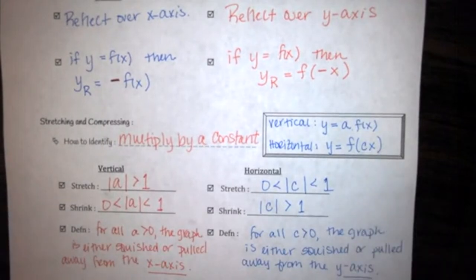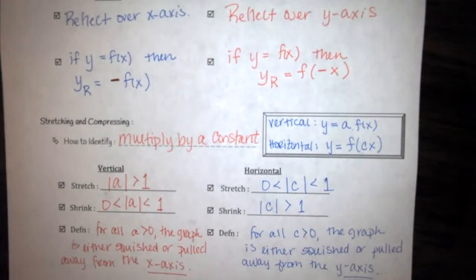The biggest hint I can give you about deciphering these is the following. If your operations or your values are occurring on the outside of your parentheses, then you have a vertical representation.